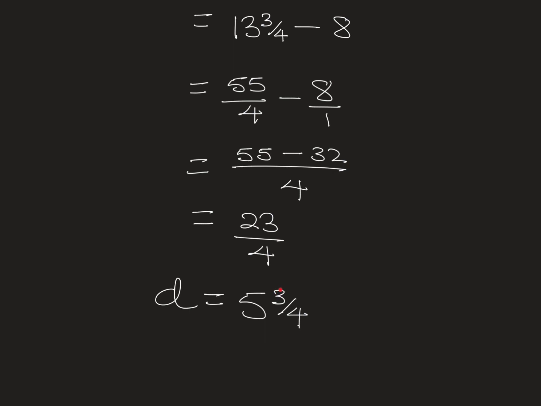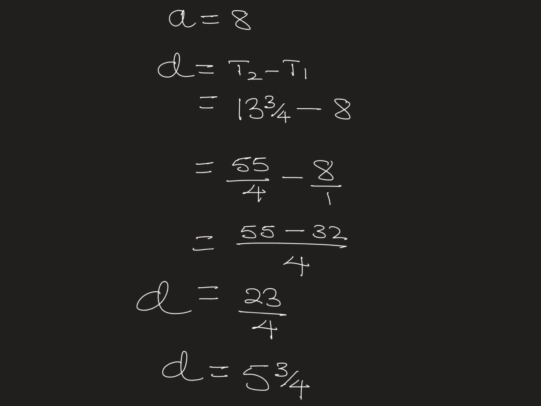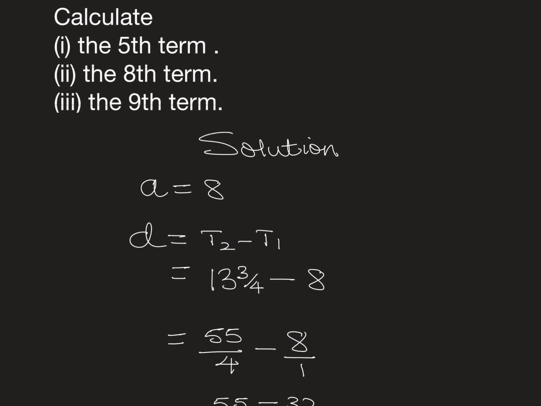That's the remainder, so that will be 3 over 4. So the common difference is 5 whole number 3 over 4 or 23 over 4. To make our calculation simple, we can use this improper fraction. Now, the first term is known, the common difference is known.